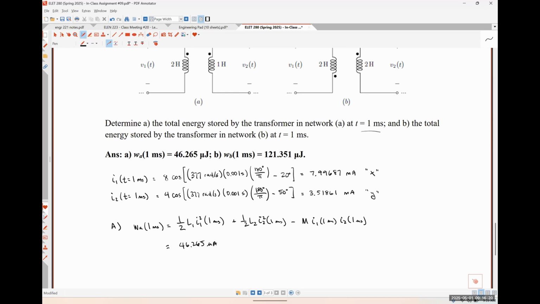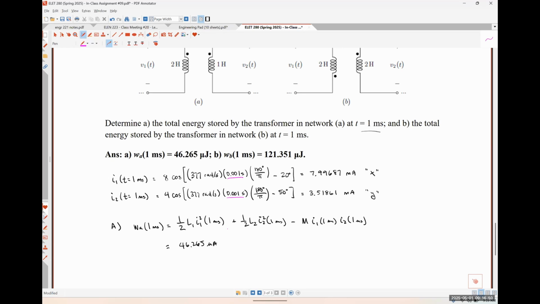Ricky, what's up? Do you just ignore the 1 millisecond, or do you actually factor it into that? So the 1 millisecond is this part right here. We plug the 1 millisecond in to calculate those currents. No. So I'm saying I1 evaluated at 1 millisecond.